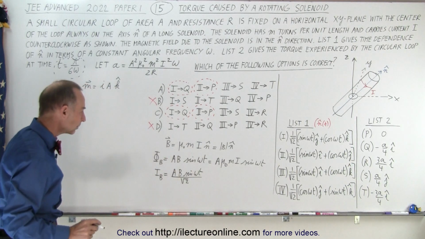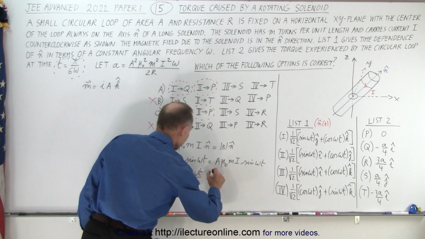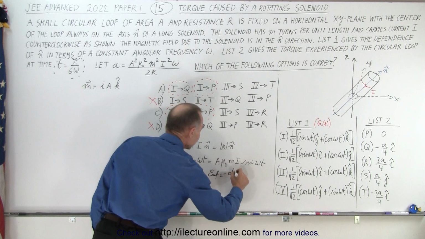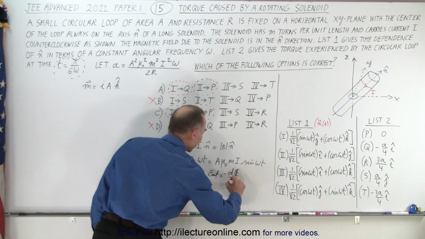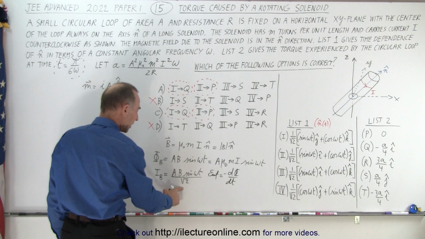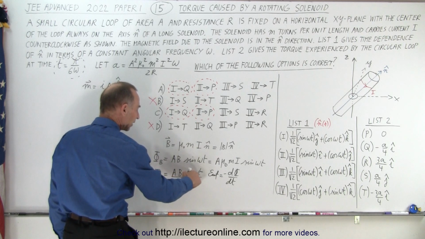All right. So now when we want to find the EMF induced, it is equal to the negative change in the flux divided by time, which is equal to the negative derivative of this with respect to time. And so we end up with the derivative of sine is the cosine times the derivative of the angle is omega.